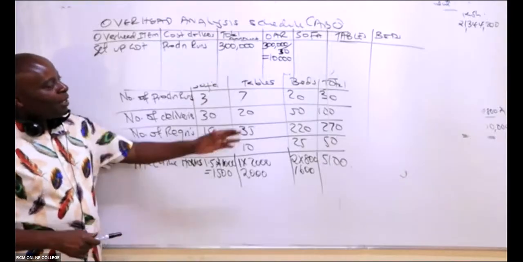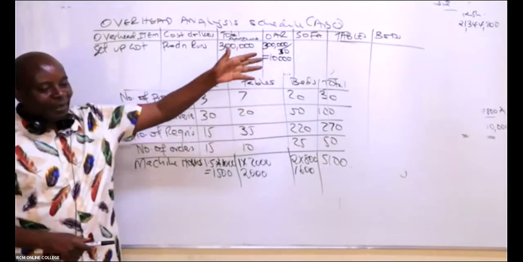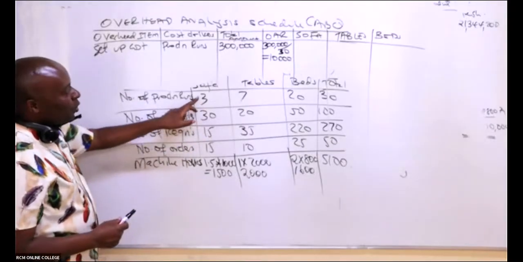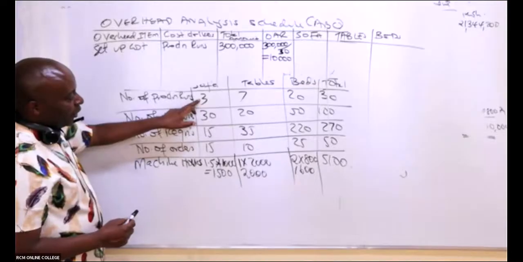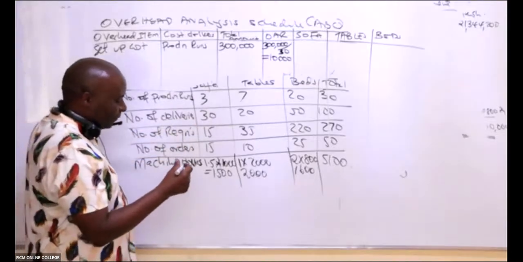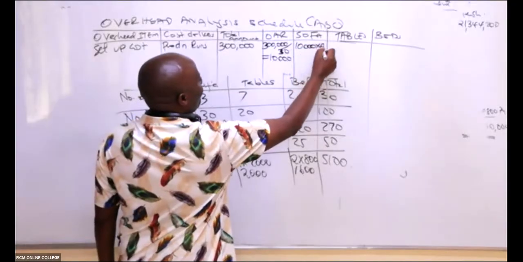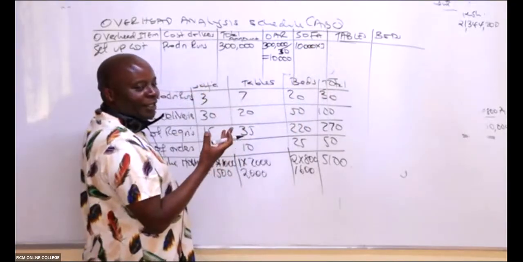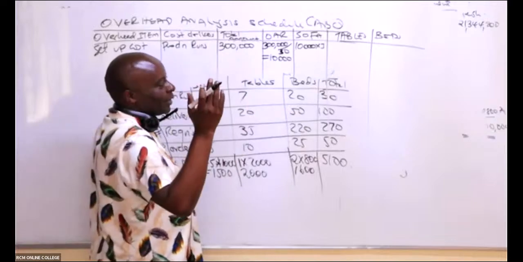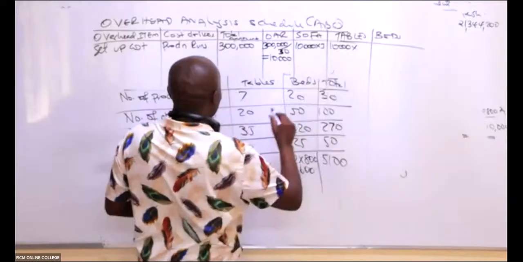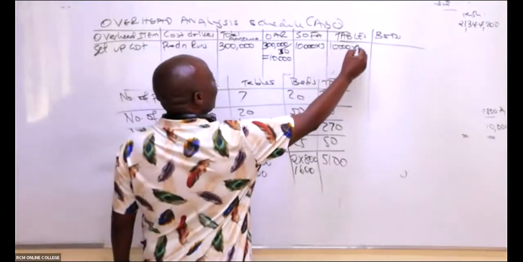So then how do I spread this amount to the sofas, tables, and beds? We have the production runs for sofa sets, so this will be 10,000 times 3, which is 30,000. You don't have to do these workings in your exam; if you understand, you post the answers directly. This will be 10,000 times 7, which is 70,000.